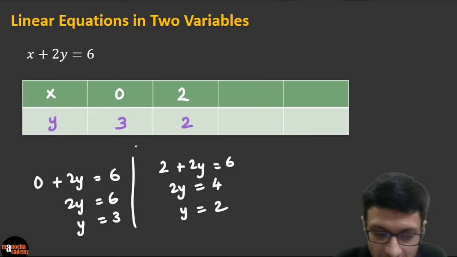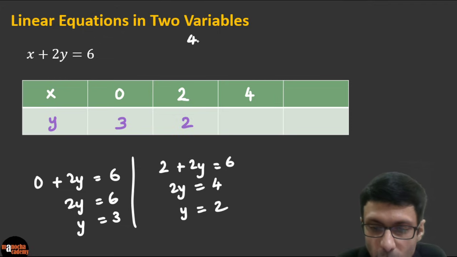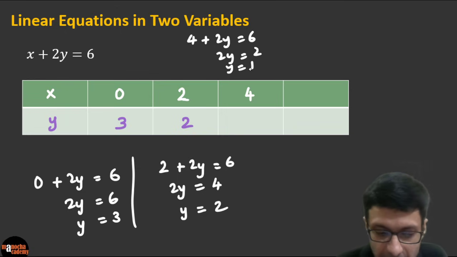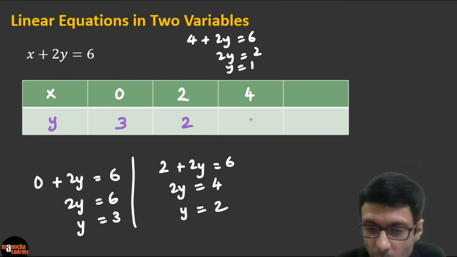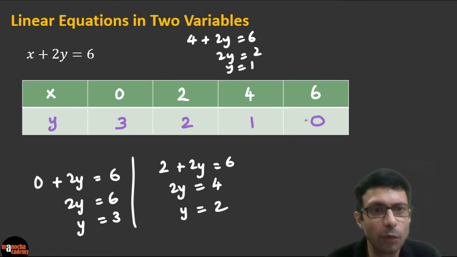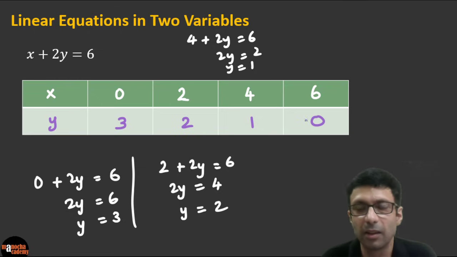Again, let's take a value of x as 4. If you substitute, 4 plus 2y equals 6. So 2y is equal to 2. Therefore, y is basically 1. Simply solve it and you'll get 1 here. Similarly, let's take the value of x as 6. If you substitute, you'll see y will be 0. All of you clear about this, right? Excellent.